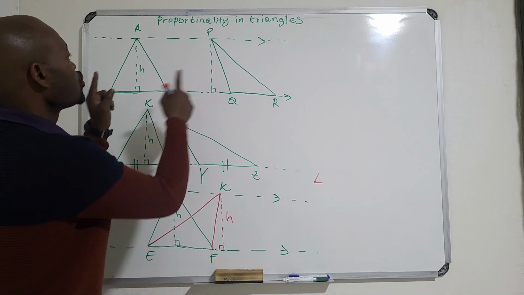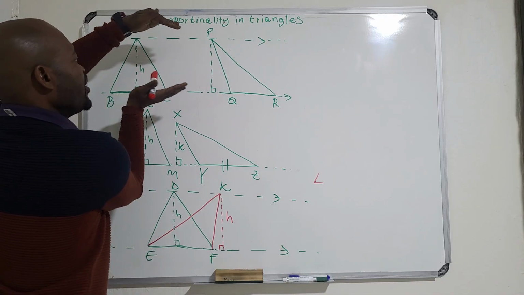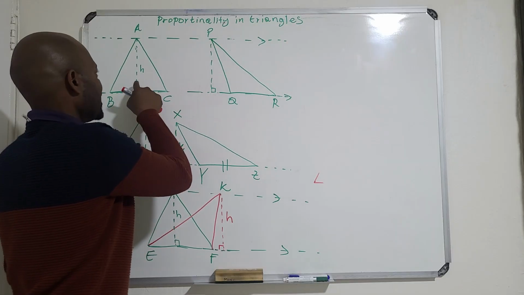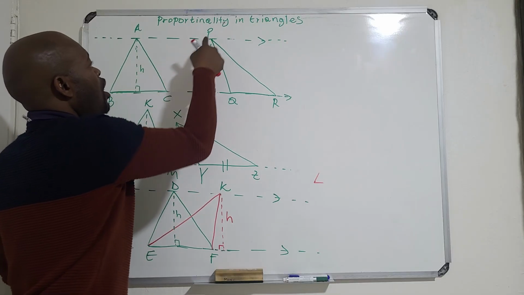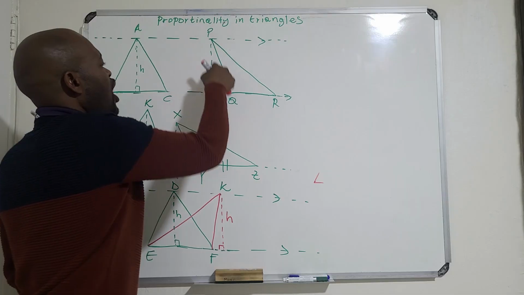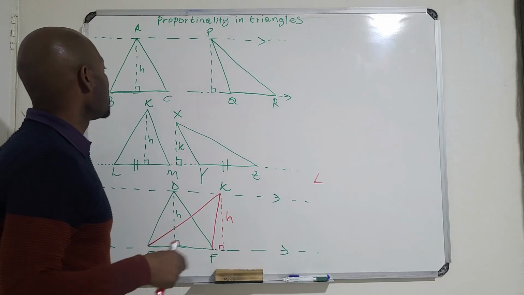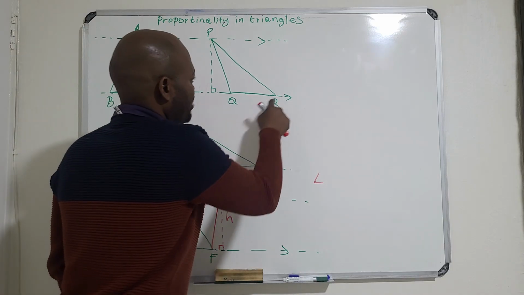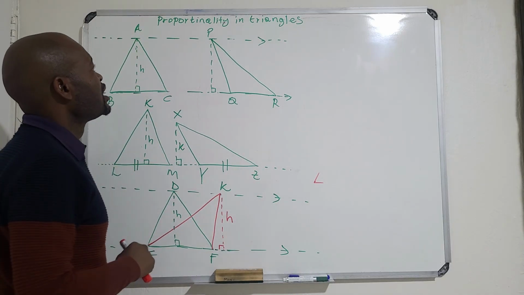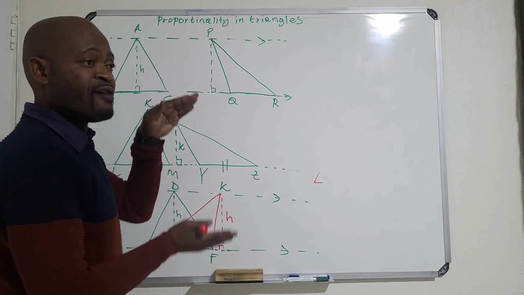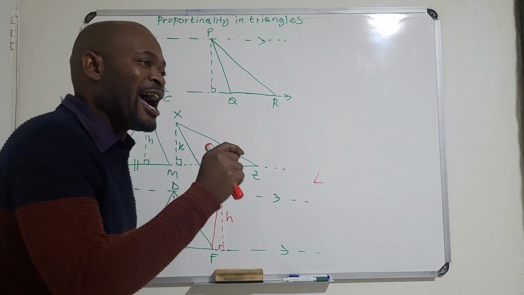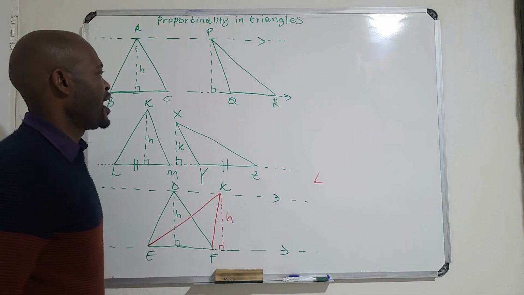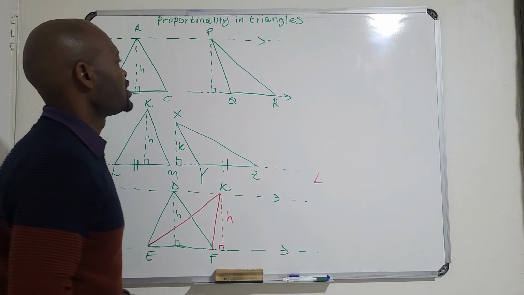Therefore, the area of this triangle over the area of this triangle is going to be equal to this base over that base there. So it means that when two triangles have equal heights, their areas are in proportion with the base. What do we mean by that? Let's write that.